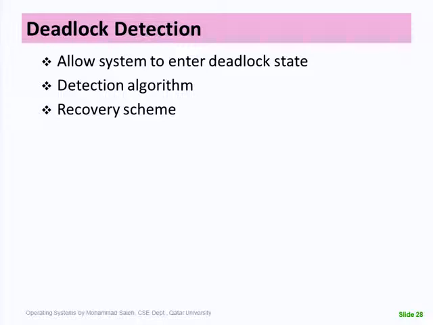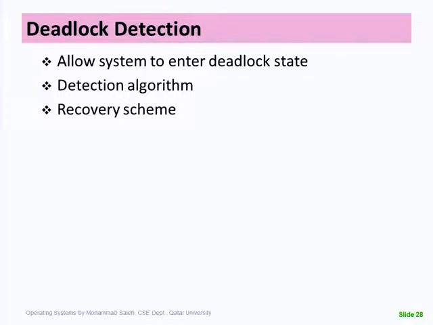Instead, we'll just let the system work as normal. However, periodically, we execute a safety algorithm to check whether the system is in a safe state or not, to discover whether we have a deadlock situation or not.